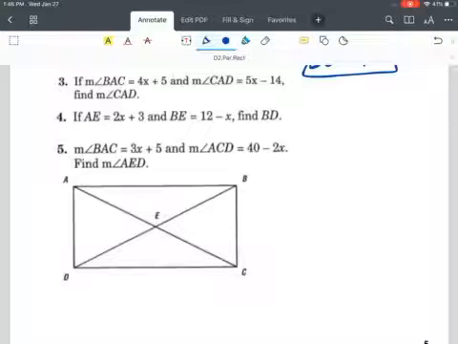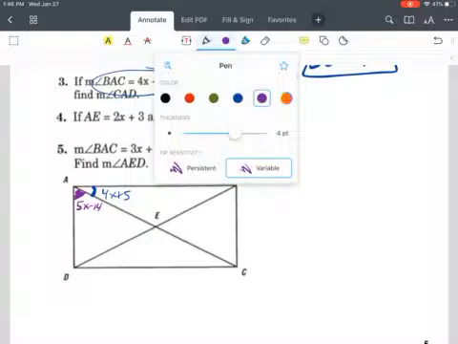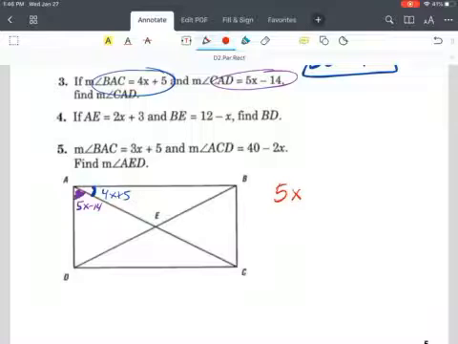Says for this one, BAC, this angle right here, is 4x plus 5. And CAD is 5x minus 14. Those two angles together form the right angle. All angles have to be right angles in a rectangle. So when I add those together, I get 90.